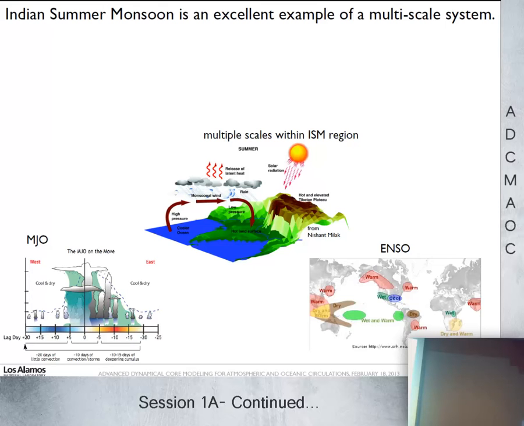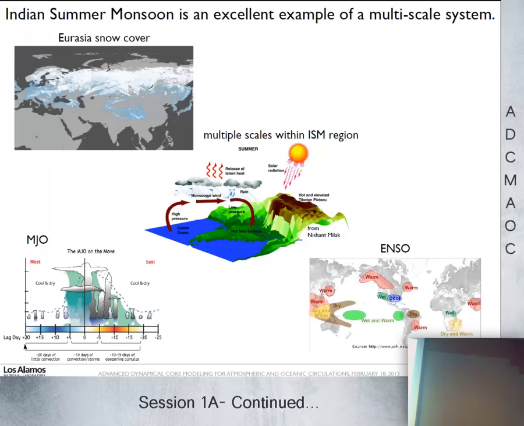It has important large-scale drivers. If we think of the Indian monsoon, we think of the drivers from the tropics. Clearly, ENSO has an impact on the Indian monsoon. Then embedded in ENSO, we have the Madden-Julian oscillations that have an impact.